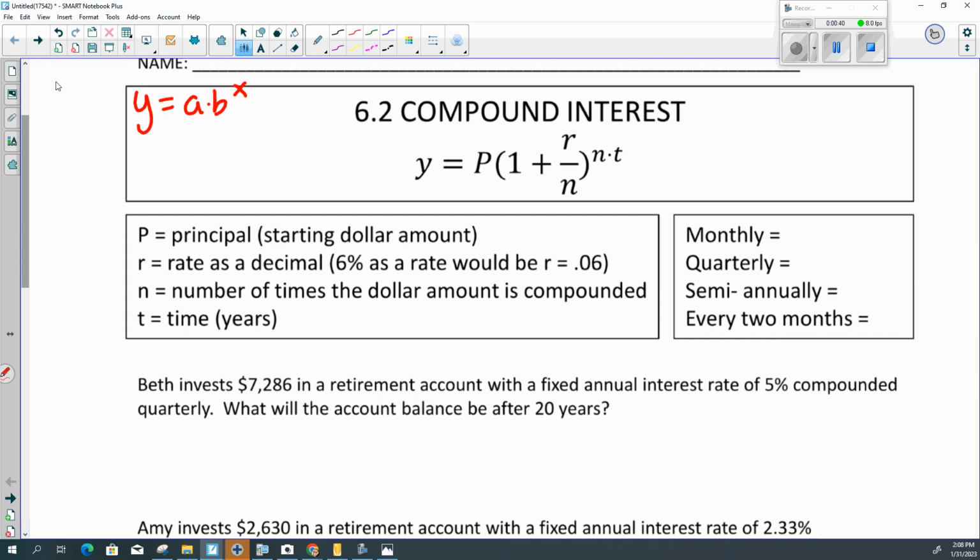Then on Thursday and Friday, we started talking about exponential growth and exponential decay over time. So our variables changed a little bit. Does anybody remember what the letters were that we used? The ABC ones?